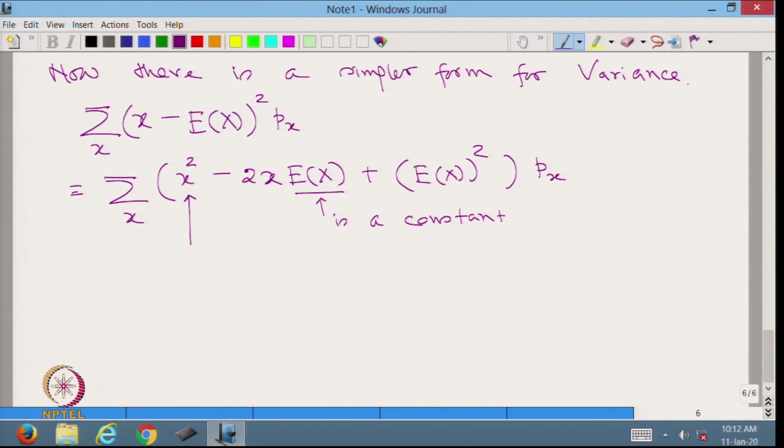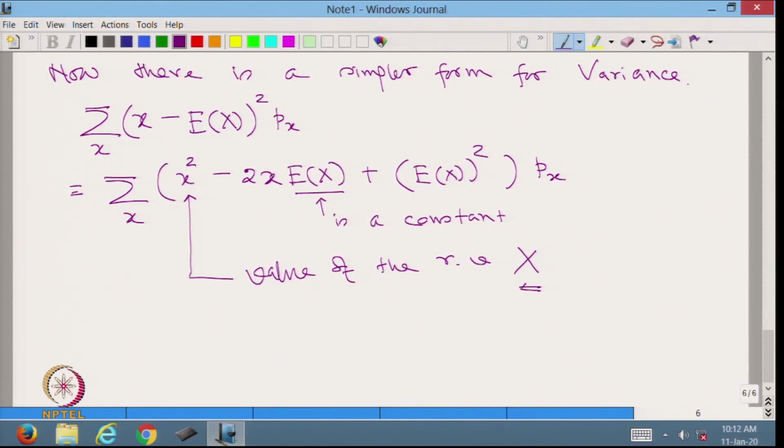But another thing is about notation. You can notice that here I am using small x, which means a value of the random variable X. When we use capital X, that gives the name of the random variable. I have used it before also, but perhaps I did not explain.